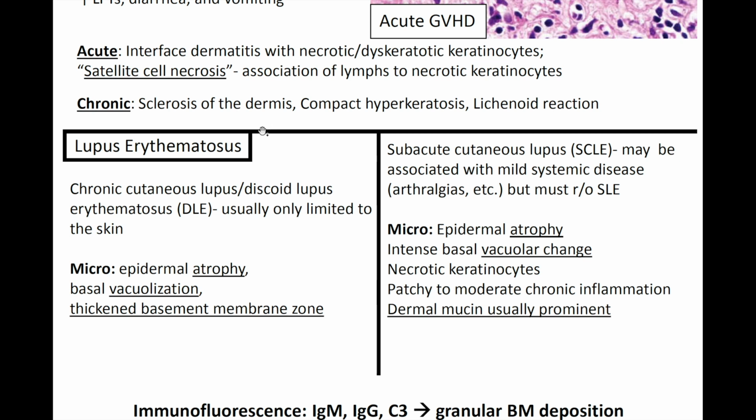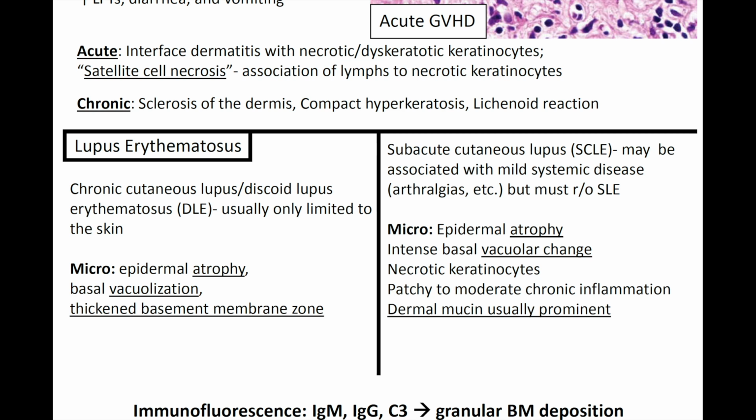All right. Next up, lupus erythematosus. So this is a chronic cutaneous lupus or discoid lupus erythematosus entity, and it's usually only limited to the skin. Microscopically, for lupus, you're going to see epidermal atrophy, basal vacuolization, and thickened basement membrane zone.